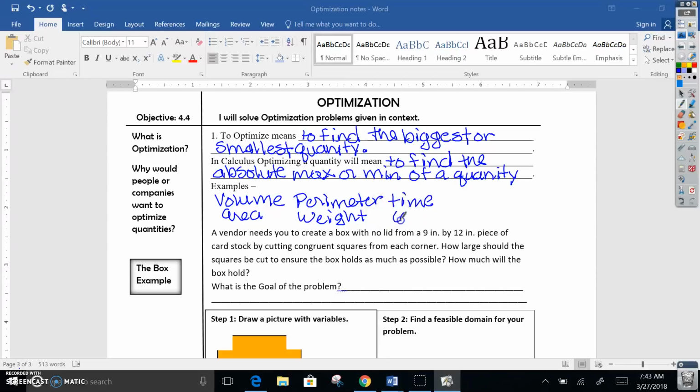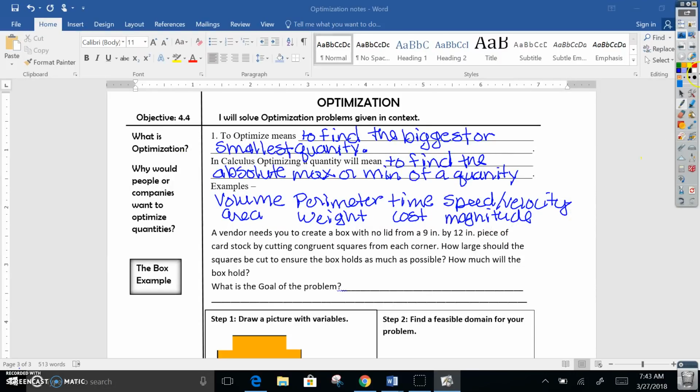These are all things that can be optimized. Speed or velocity. And I even have magnitude, so the size of something. So all of these are quantities that can be part of an example.